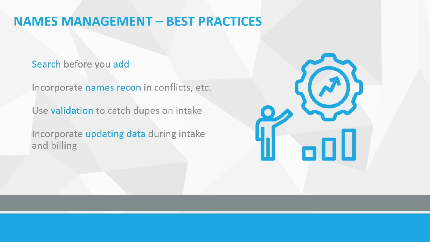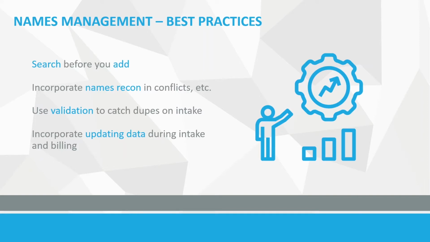Best practices for upkeep of names and addresses is really to try to search for a record before you blindly add that record. This means incorporating things like names reconciliation in your conflicts process or somewhere in your matter intake process, and using validation to catch duplicates that were part of a bulk insert or part of your original conversion, and so on.